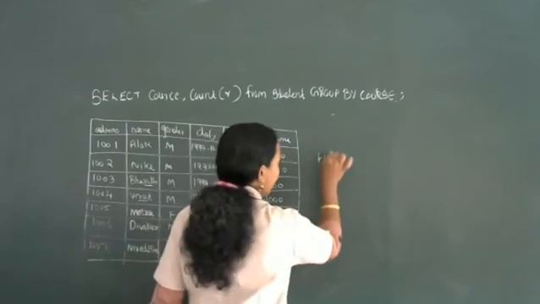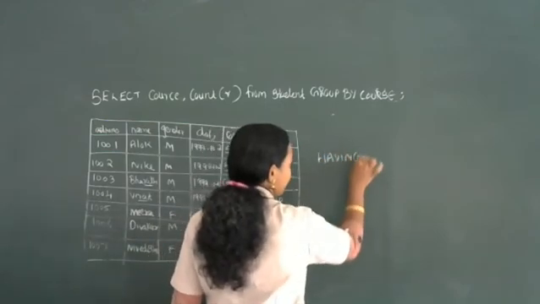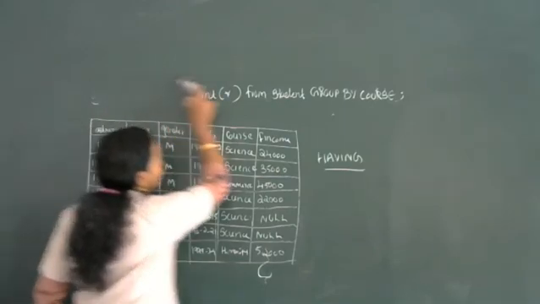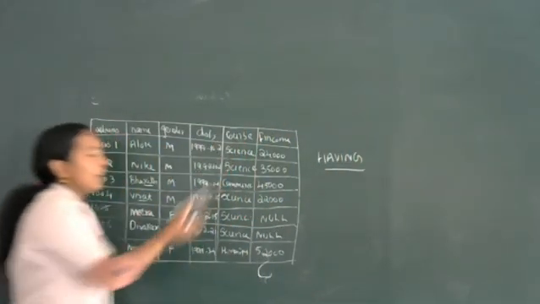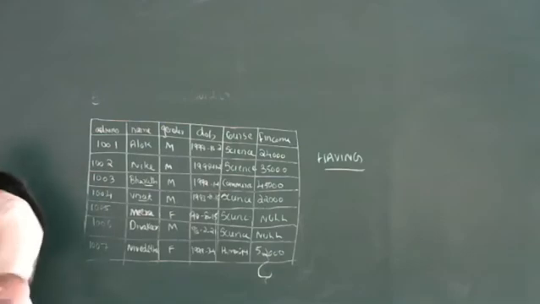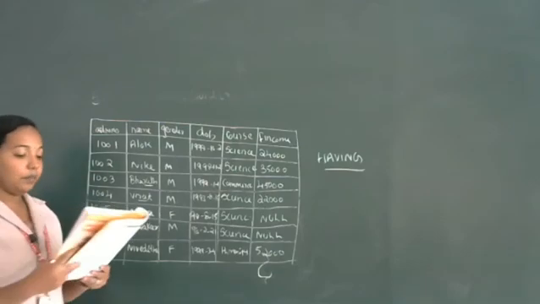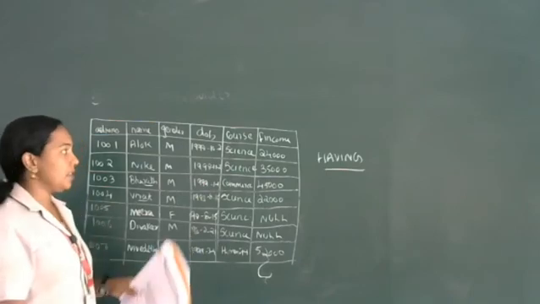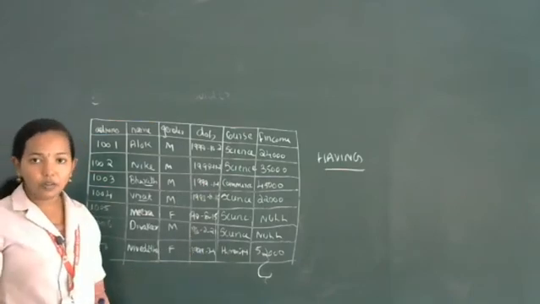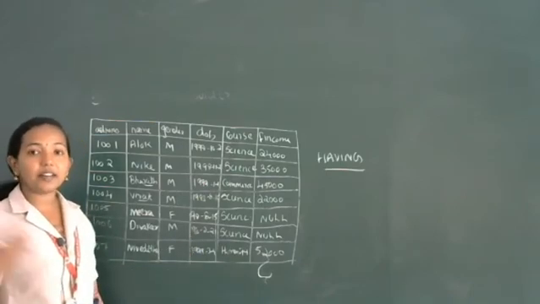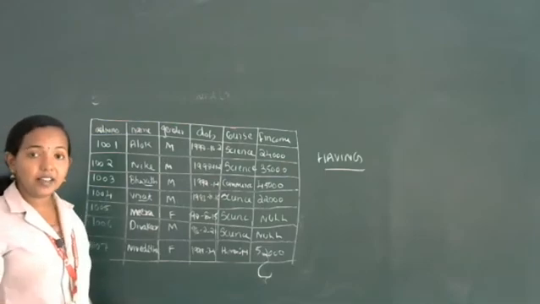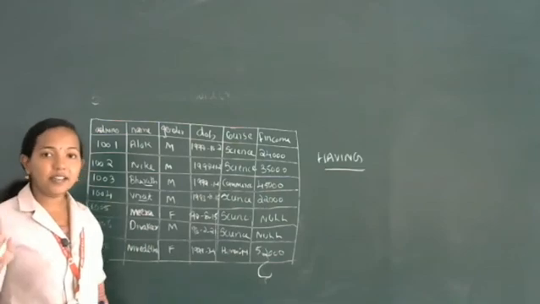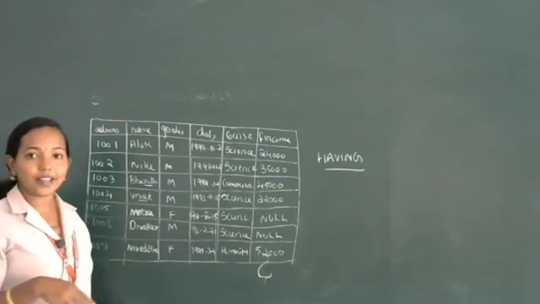What is it? The having clause. Another keyword that we use in SQL. Having clause means the condition is given that count star is greater than 3. That means for any course, whether the number of entries is greater than 3. You know, in this column, only for science the number of students is greater than 3.